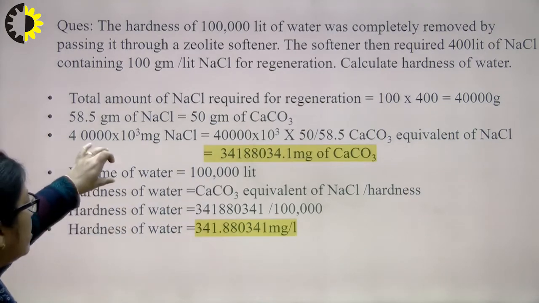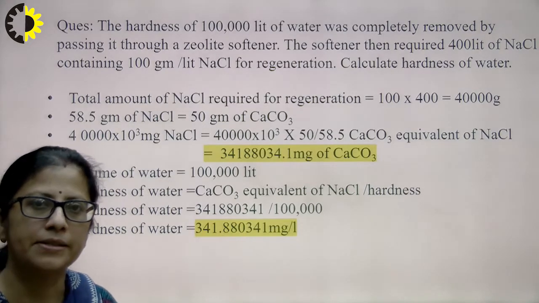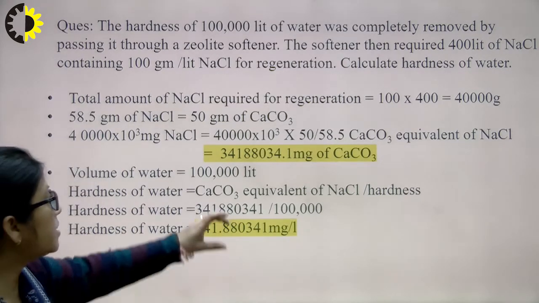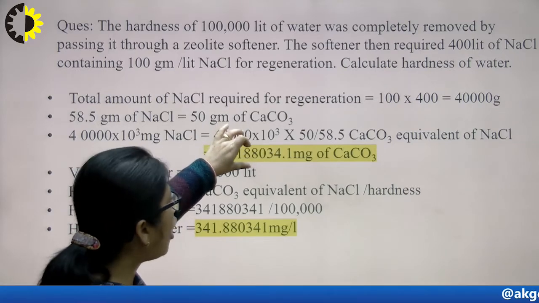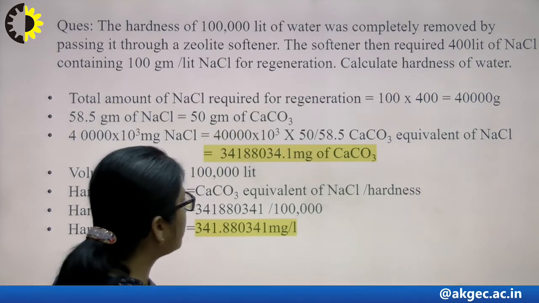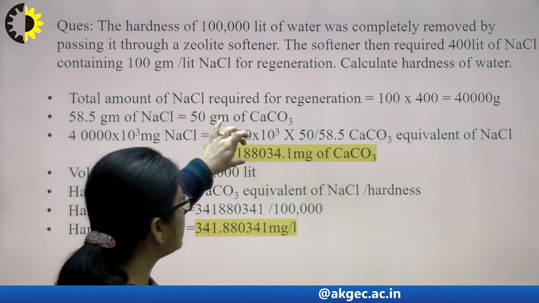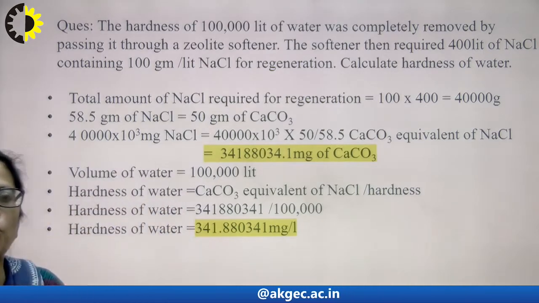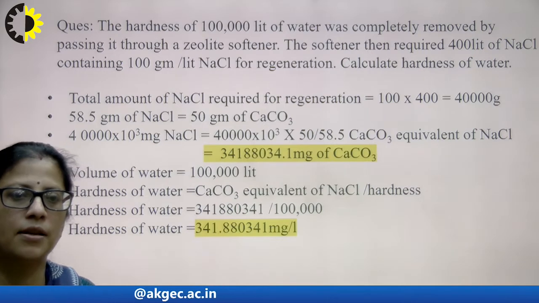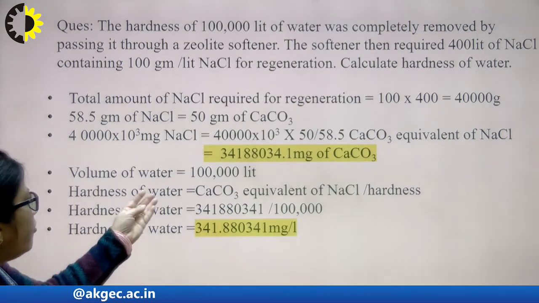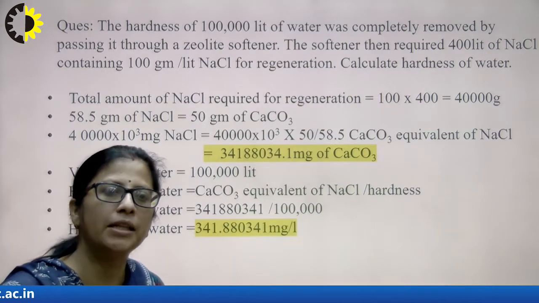Now, the total volume of water that I had passed is 1 lakh liters. This is the total hardness produced by the water, and how much water? It is 1 lakh liters of hard water. So, 1 lakh liters of hard water produces this much amount of hardness. So, 1 liter of hard water will produce how much hardness? Here, hardness of water is equal to the calcium carbonate equivalence of NaCl divided by the volume.